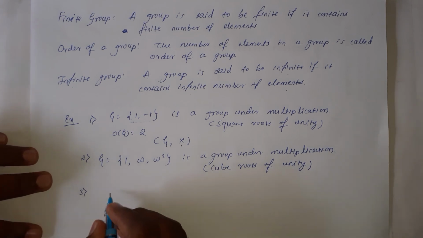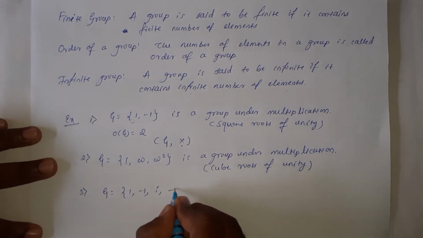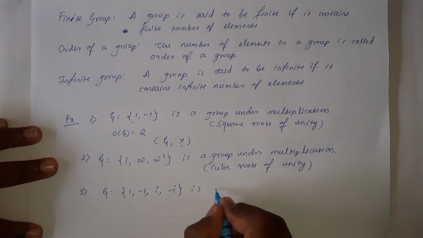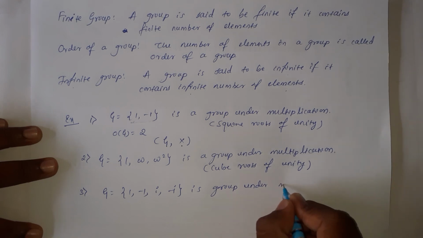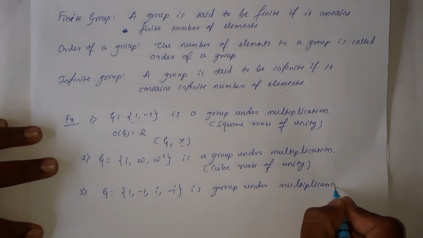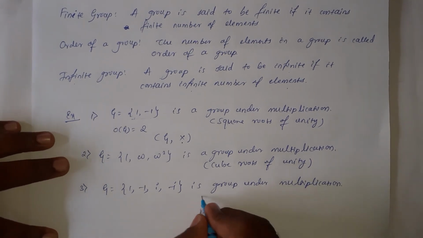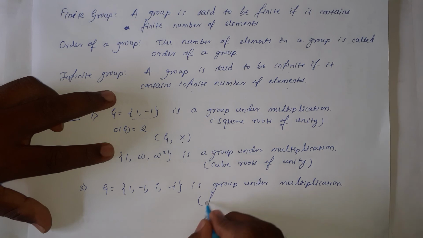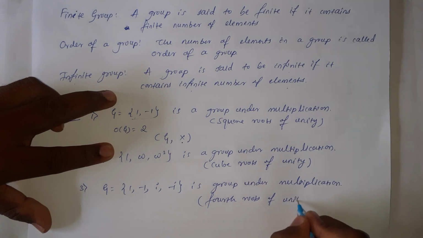Then the third example is G equal to {1, minus 1, i, minus i} is a group under multiplication. So, here this set is the 4th roots of unity.